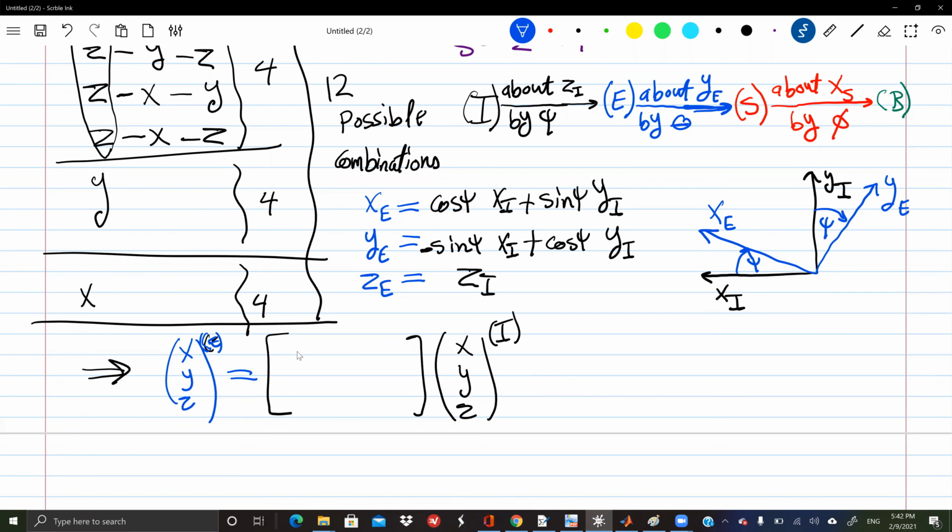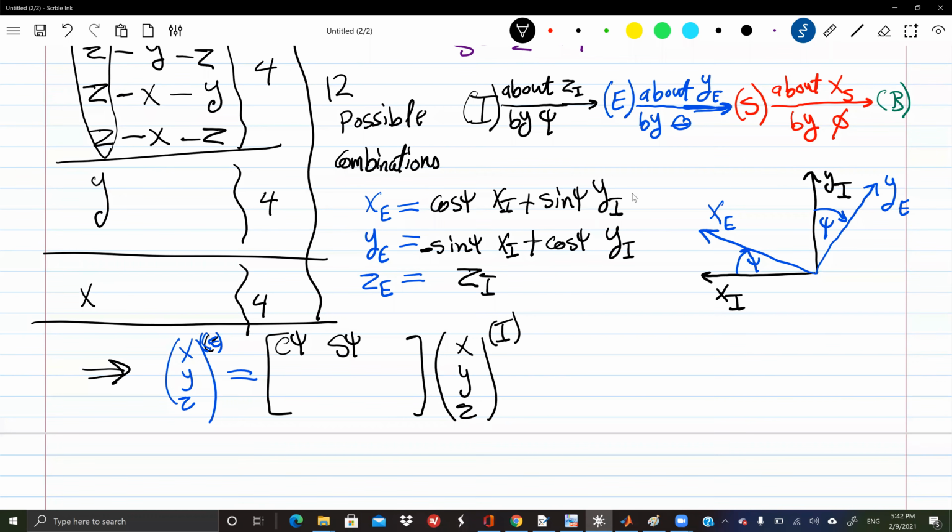Anything multiplied by XI will go here, so this is cosine psi. Because we're going to have too many cosines and sines, I will use C for cosine and S for sine. Whatever is multiplying Y inertial goes here, sine psi. Whatever multiplies Z inertial goes in the third element.